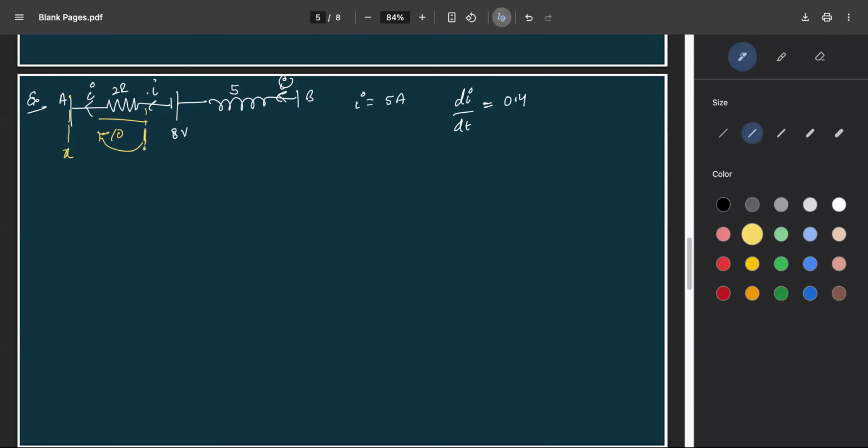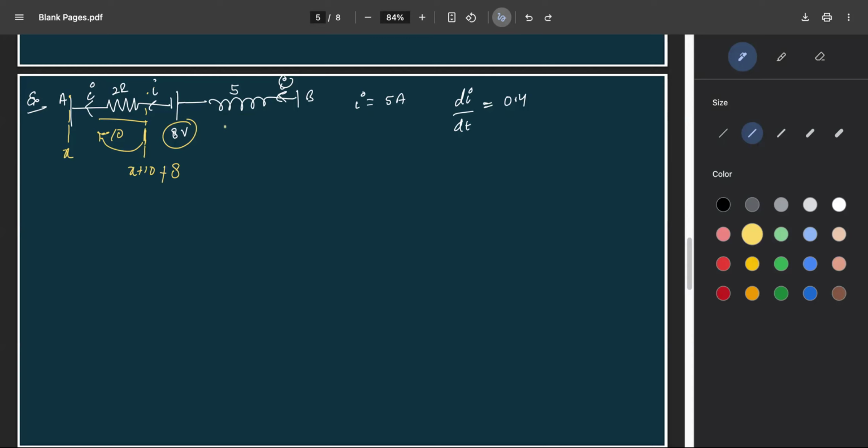Potential at this point will be x plus 10. Then you got 8. Subtract it. Yes, sorry, you have to add it actually because you are going from lower to higher, right? So it will get added.